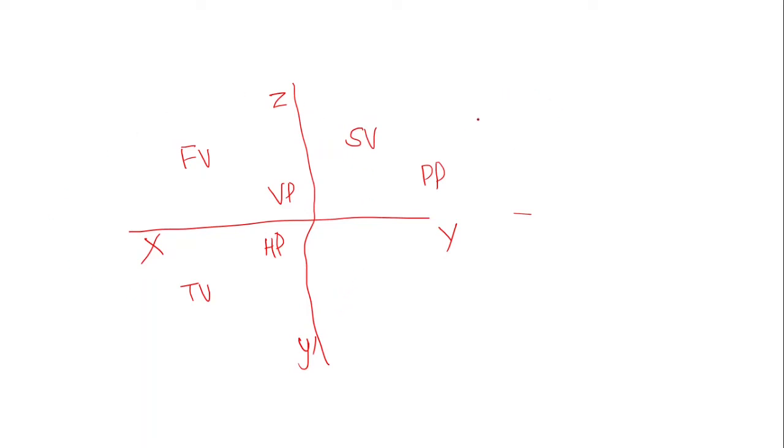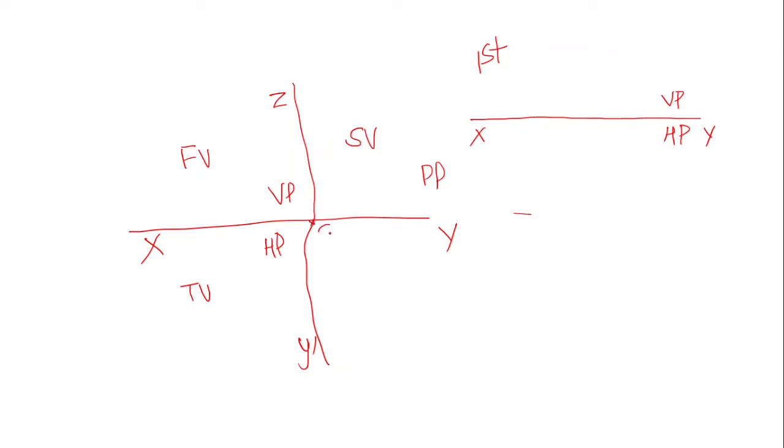Simply, we can represent first angle projection as XY line, above XY line VP, and below XY line HP, while not considering the profile plane.